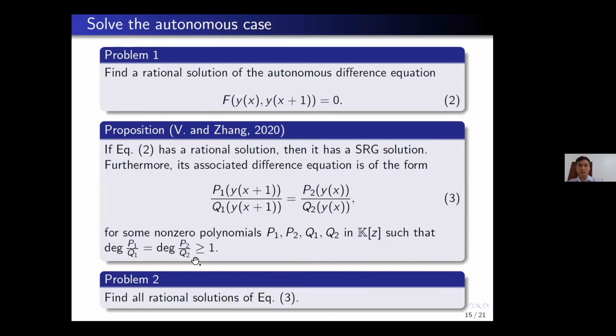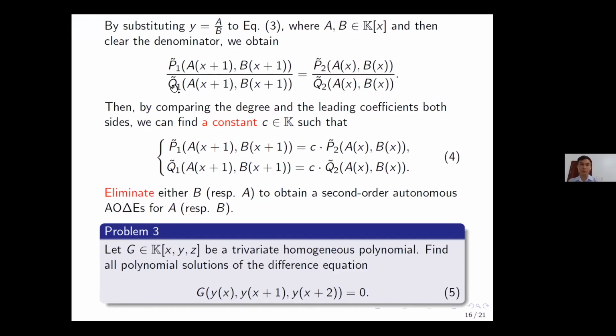So it leads to the degree of P1 tilde over Q1 tilde being equal to the degree of P2 tilde over Q2 tilde in A. In addition, because we clear the denominator, P1 tilde must be homogeneous, and P2 tilde, Q1 tilde, Q2 tilde must be homogeneous too. Okay, they have some conditions. Are they irreducible also?